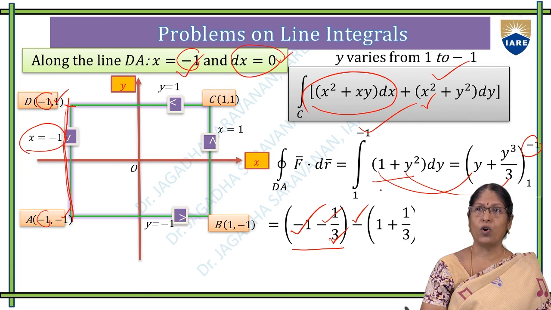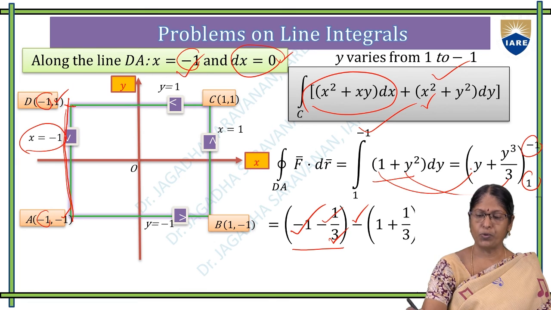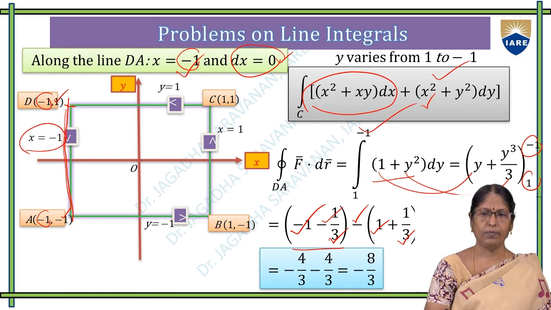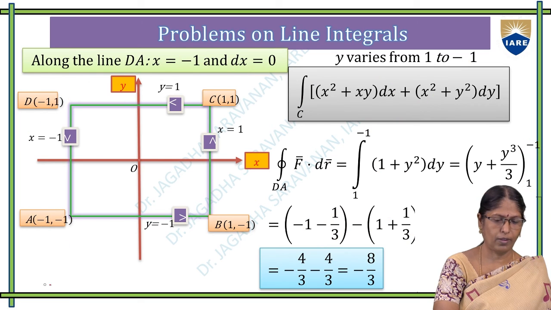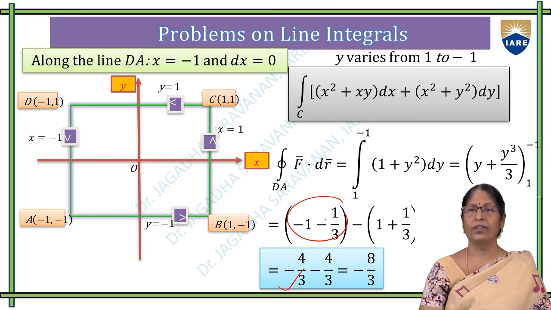This is the limit formula, a negative sign between the upper limit and lower limit value substitution. So now the lower limit value is 1. We will substitute in the place of y. Then 1 plus 1 cube by 3 is 1 by 3. So this first one, the circled one, the value is minus 4 by 3.